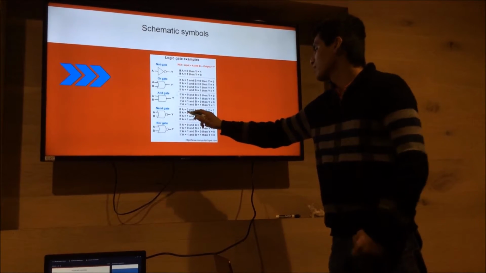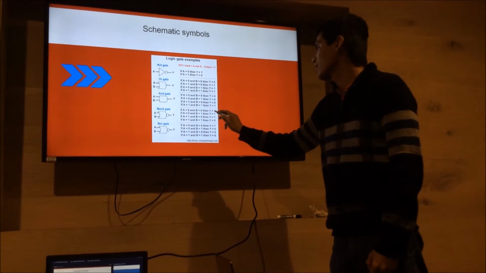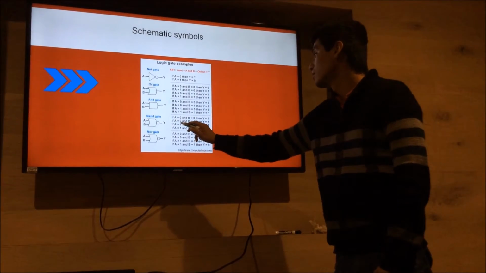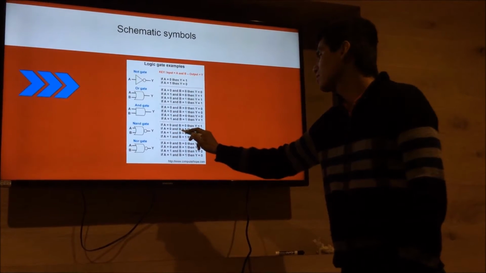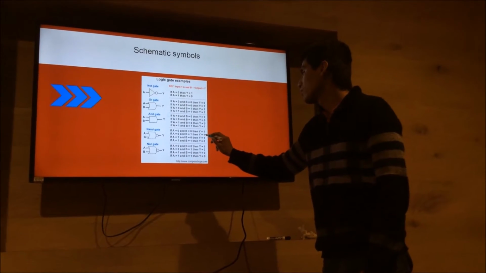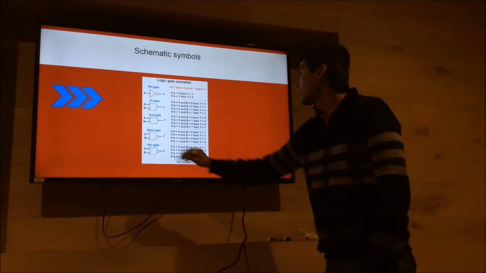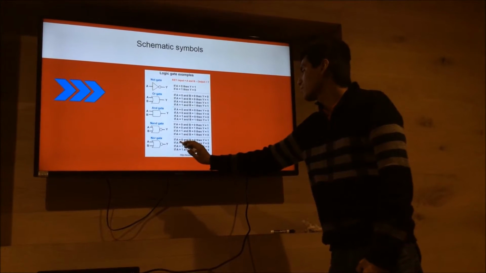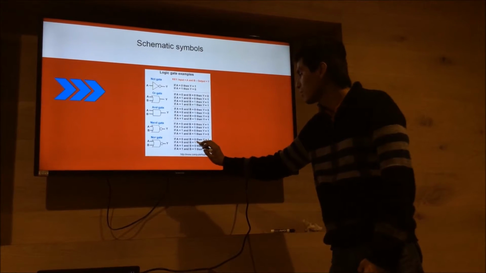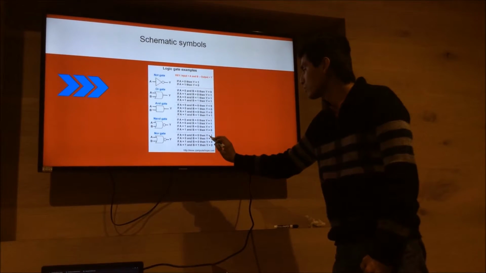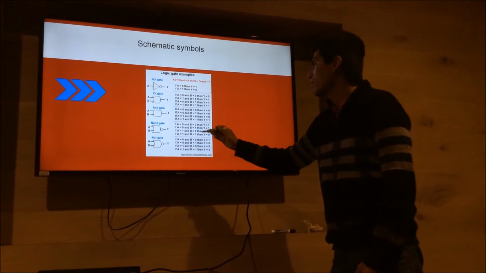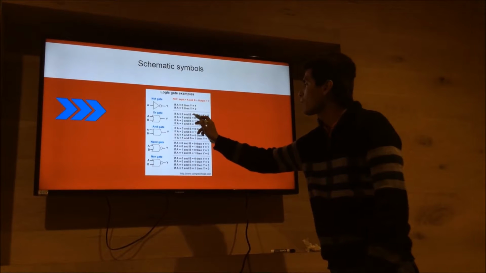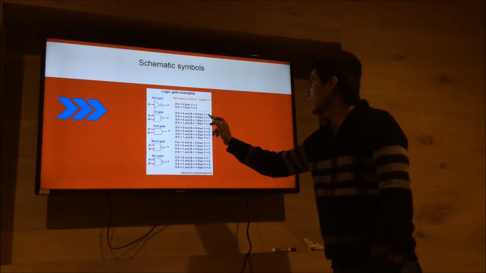Whereas in the NAND, A 0 and B 0 will give 1, and A equal to 0 and B equal to 1 gives an output equal to 1. In the NOR gate, if we obtain 0 and 0 at the inputs, the output will be 1. Whereas in the OR gate, if we obtain 0 and 0 from B and A, the output becomes 0.